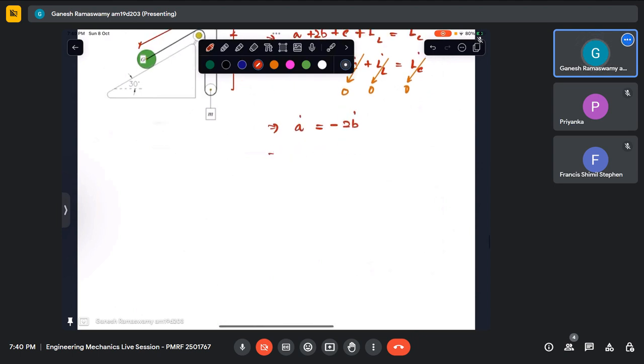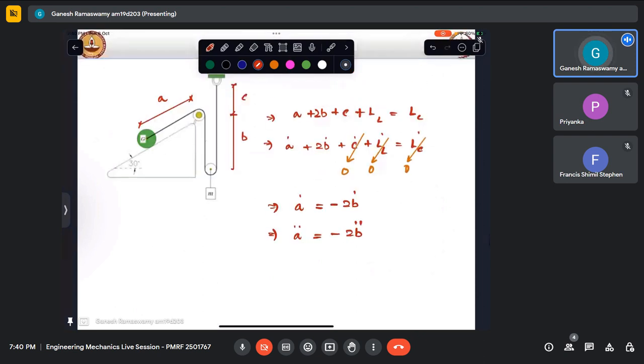So if I differentiate this again, A double dot is minus 2B double dot. A double dot is the acceleration of the center of mass of this disk. Similarly, B double dot represents the acceleration of the mass downward.